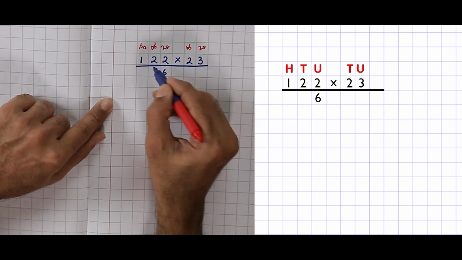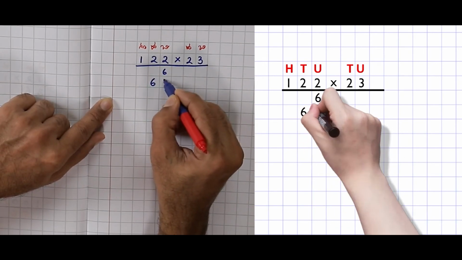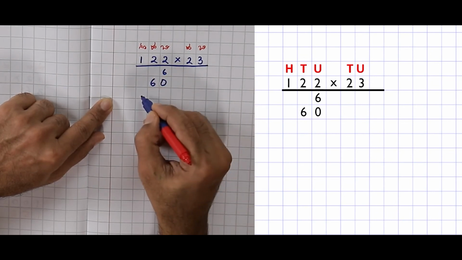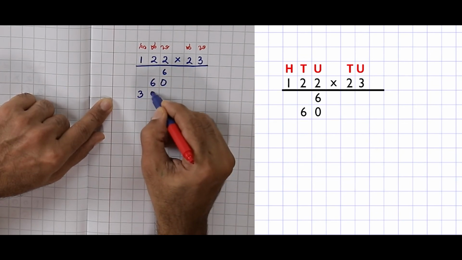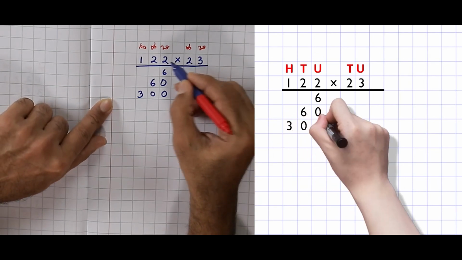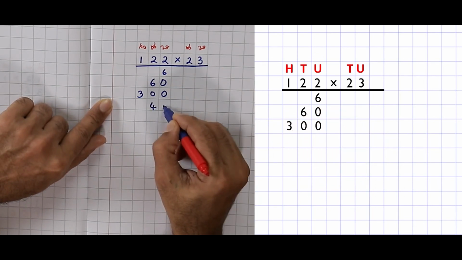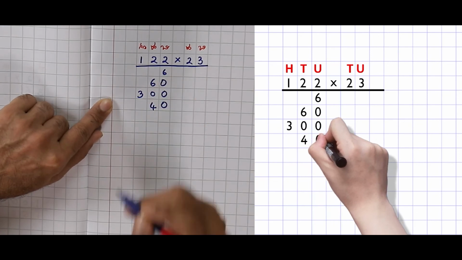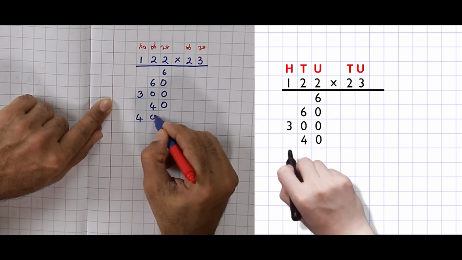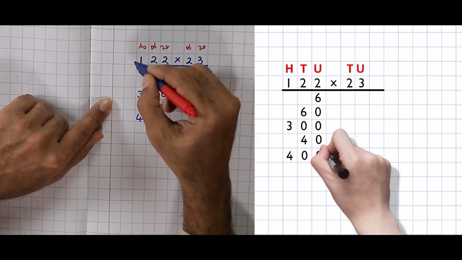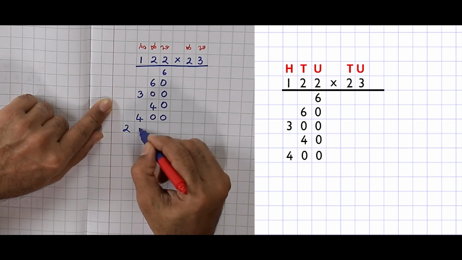Units to tens. 3 into 20 is 60. 3 into 100 is 300. 20 into 2, 40. 20 into 20 is 400. 20 into 100 is 2000.